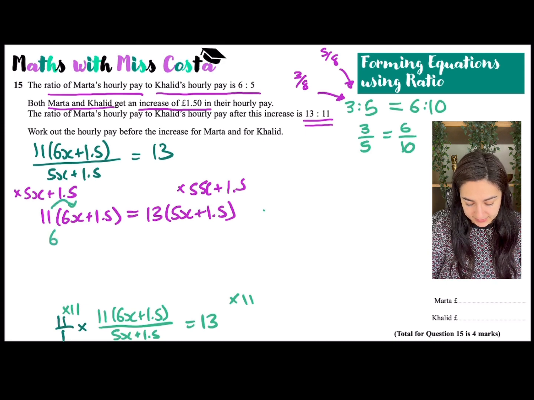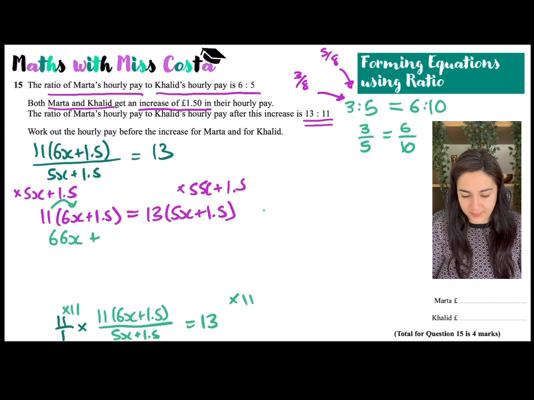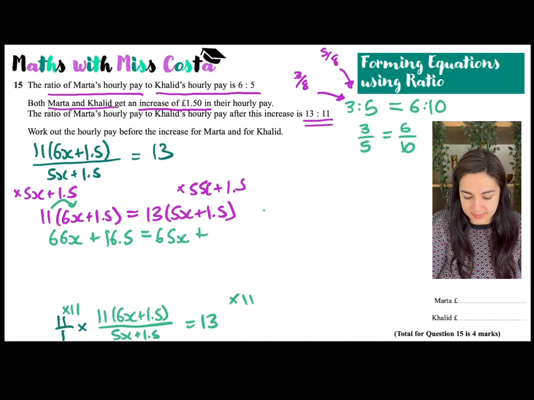So I've got 66x. I'm just going to use a calculator. 11 times 1.5 is 16.5, which must equal 13 times 5, which is 65x, plus 13 times 1.5, which equals 19.5.